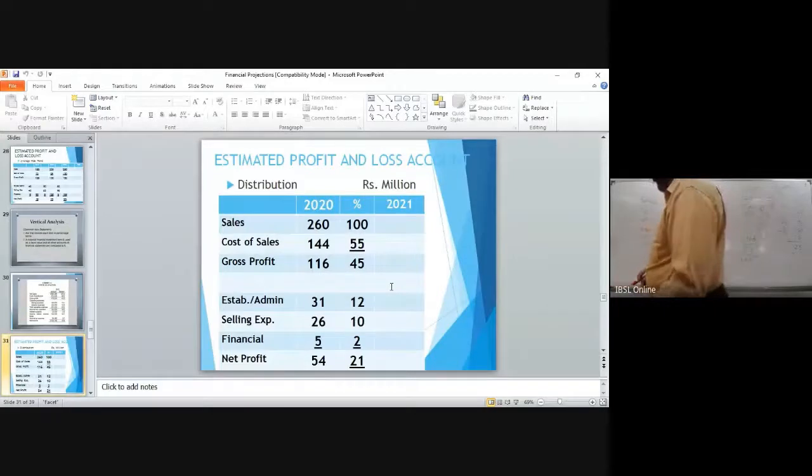Then what could be the cost of goods sold? 55% of the sales. That is 400 into 55% is equal to 220. And 45% of the sales 400 is 180.